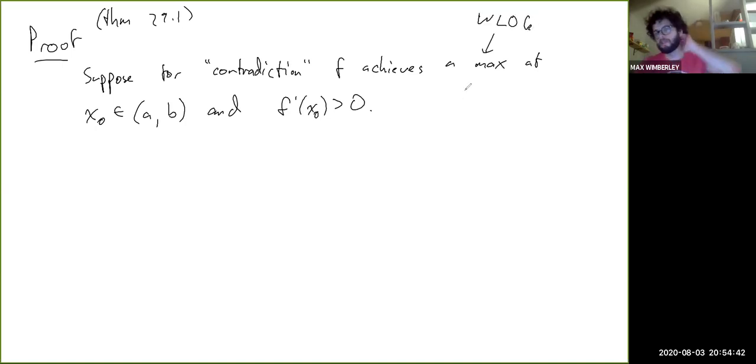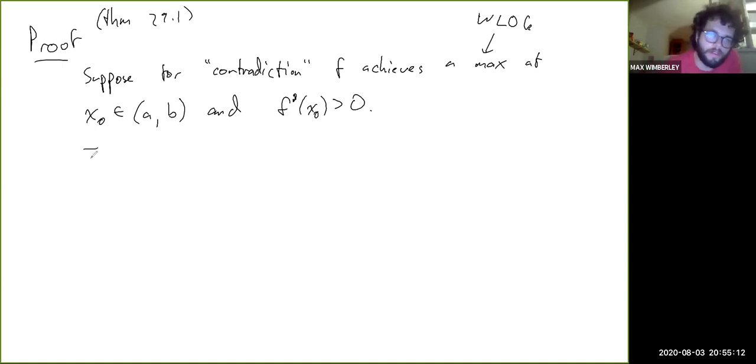The argument is essentially identical whether you're considering a maximum or a minimum, because in either case, whether the derivative is positive or negative, we're going to end up being able to construct points where the value of f is both greater and less than f of x naught. So this maximum thing is just one of these simplifying assumptions.